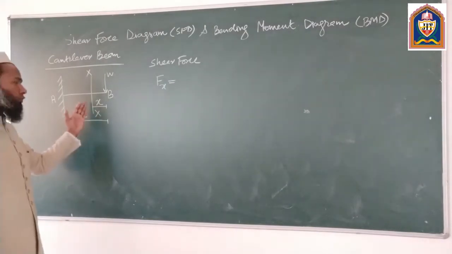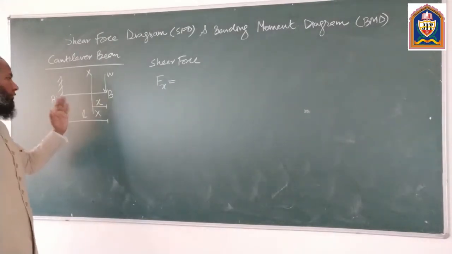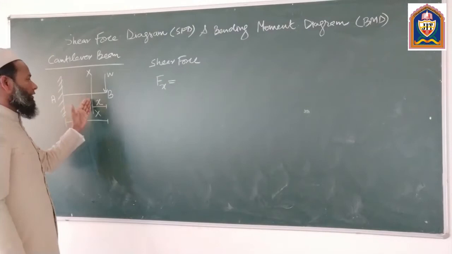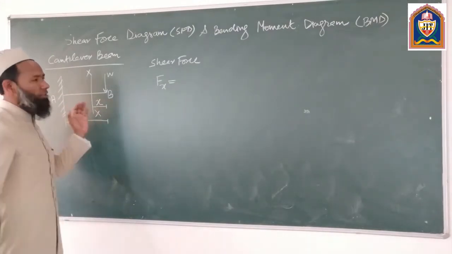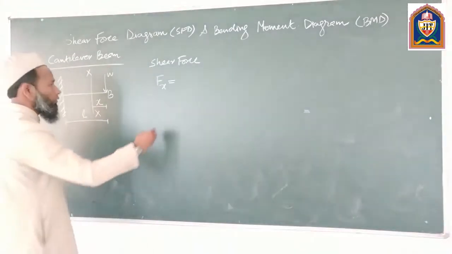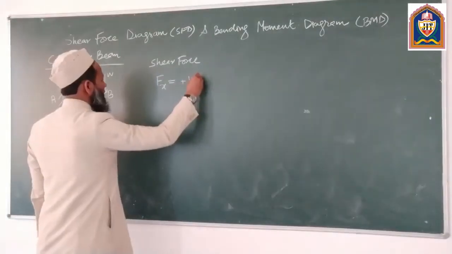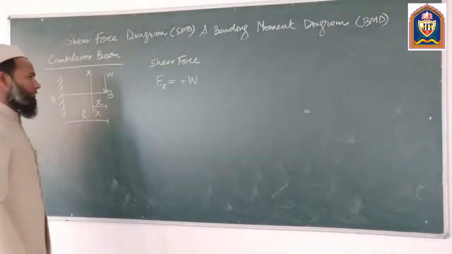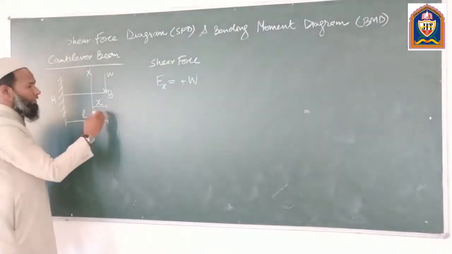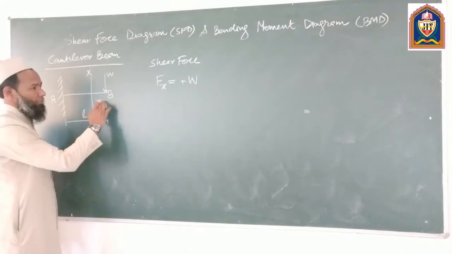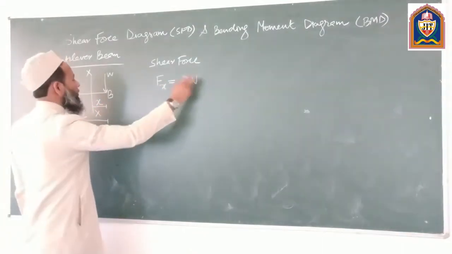So as you know, the sign convention of the shear force: at any section, the force on the right going down will be considered as positive. So W will be considered as positive, and it has no relation with the increase or decrease of the distance x. So it is not related to x.